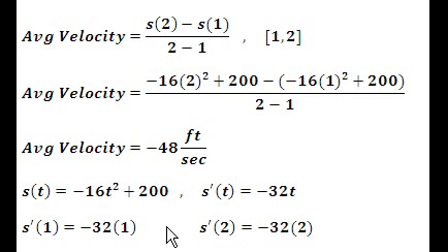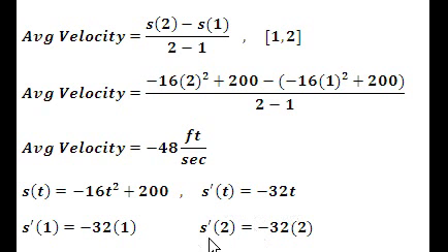Well, let's say we wanted to find the instantaneous velocity at 1 second. Well, we would take the position function here, then take its derivative. So the derivative of negative 16t squared is negative 32t. And then we just plug 1 in, and that gives us our instantaneous velocity, which is going to be just negative 32 feet per second.